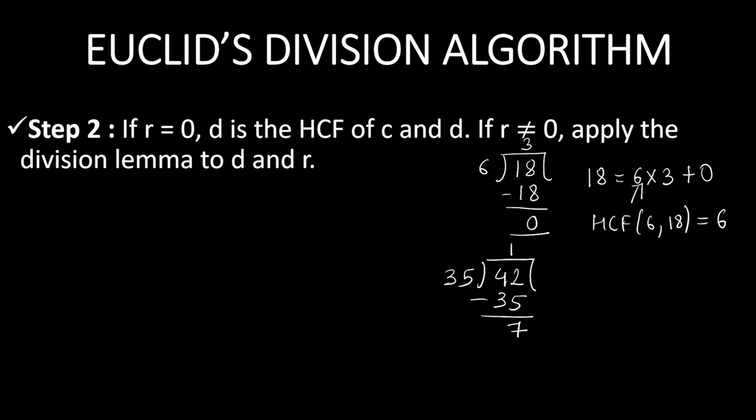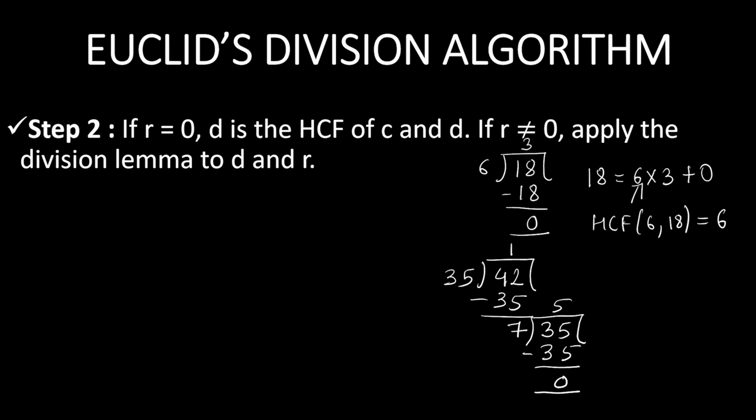So remainder is not equal to 0, right? We'll apply the division lemma again, considering 7 as the new divisor and 35 as the new dividend. So 7 into 5, we are going to get 35 here. And hence, now your remainder is equal to 0. So here we will stop.